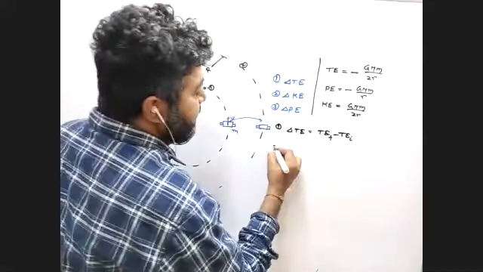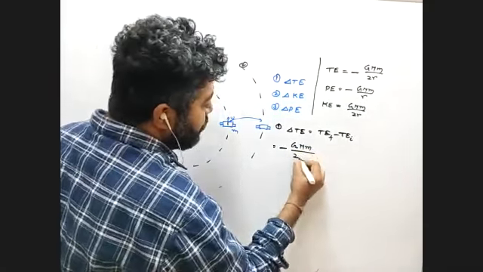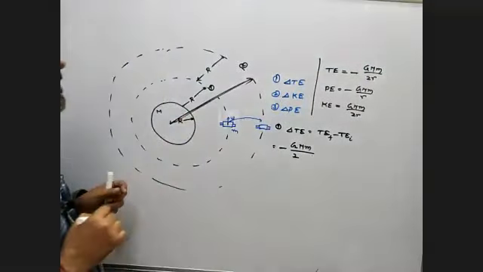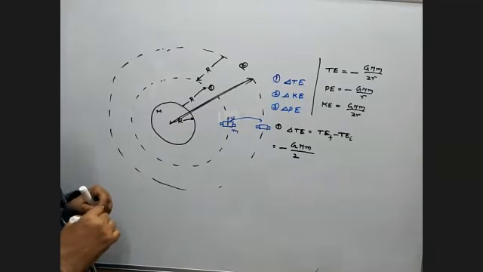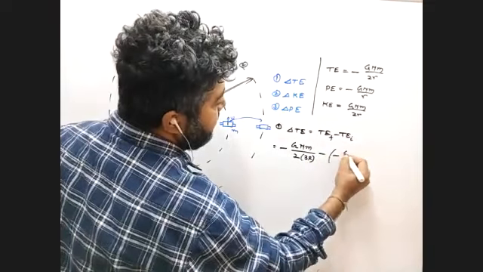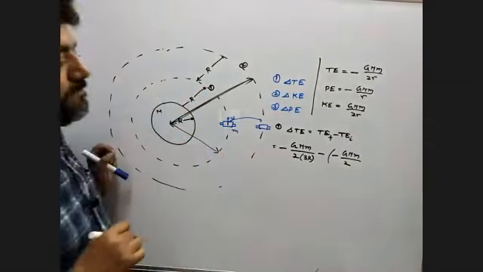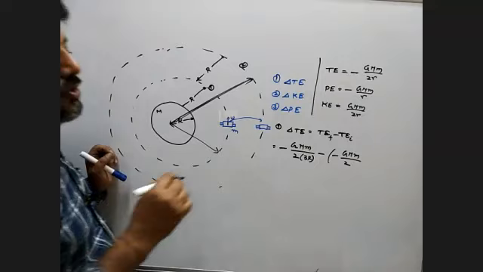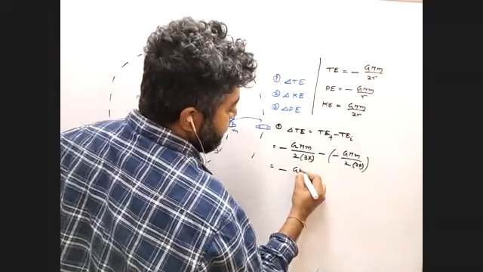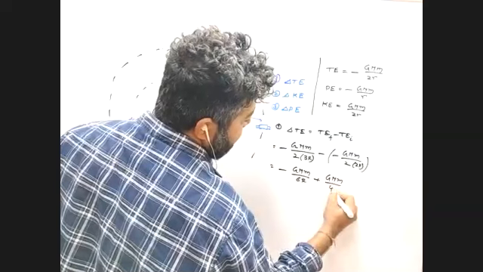Yes, sir. Now total energy final is minus GMm by 2 into the final distance. What is the distance? Anyone please tell me? 3r. Very good. 3r minus, GMm by 2 into what about that distance? 2r. So don't forget to take this bracket, otherwise you can get confused. GMm by 6r plus GMm by 4r.